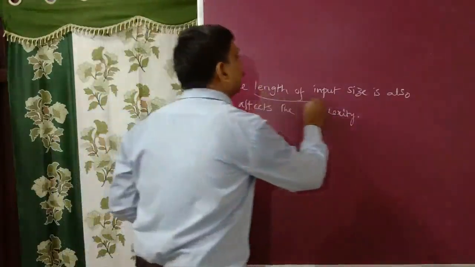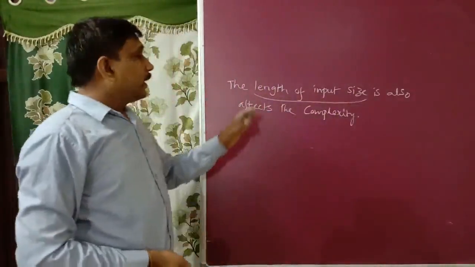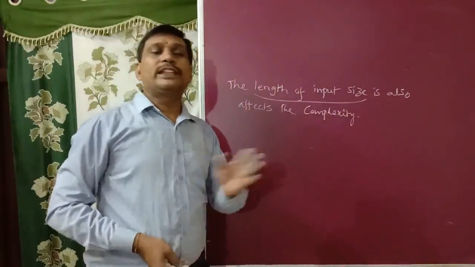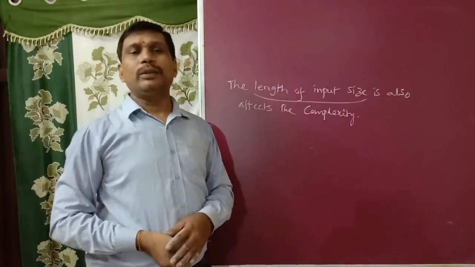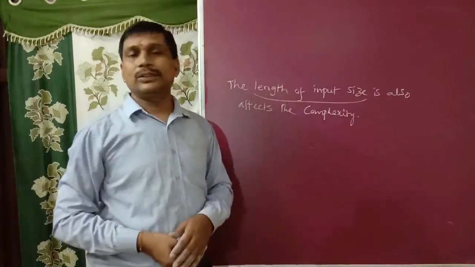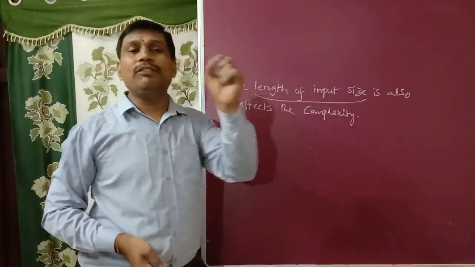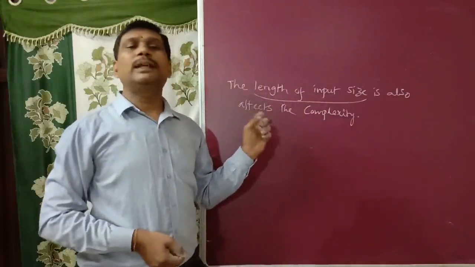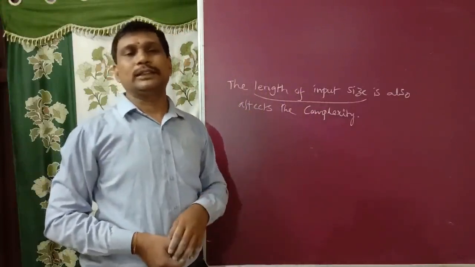Every time we are not giving the same input. We change it according to our requirement and give different input sizes. So the input size is one of the factors to calculate the complexity, that is time complexity.